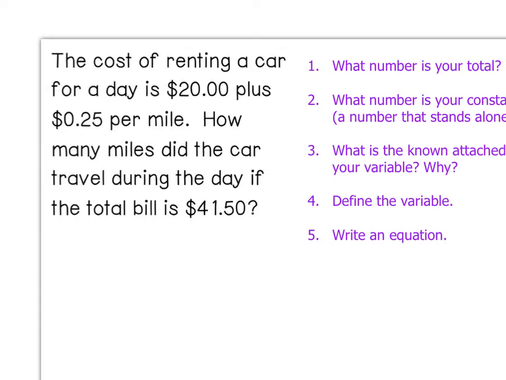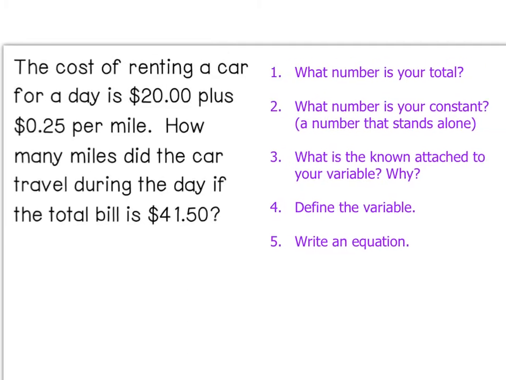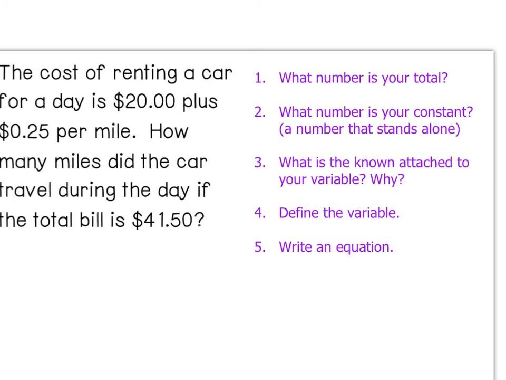So problem number 1 says the cost of renting a car for a day is $20 plus 25 cents per mile. How many miles did the car travel during the day if the total bill is $41.50? So if you look on the right hand side, we have a little list of how your thought process should go on solving this problem.